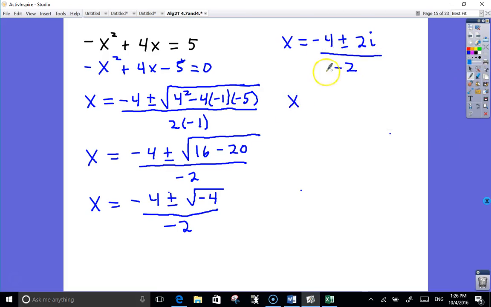Divide the negative 2 into negative 4, that gives you positive 2, and that's plus or minus i. What happens to the negative when you go plus or minus 2i divided by negative 2? You get both anyways there, so it doesn't really matter. So just plus or minus i.